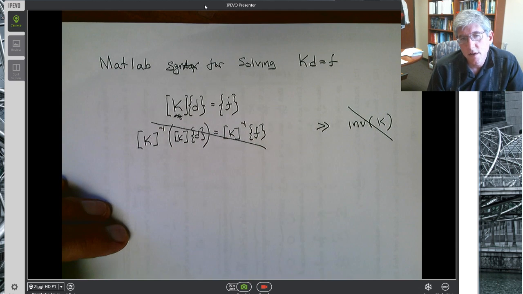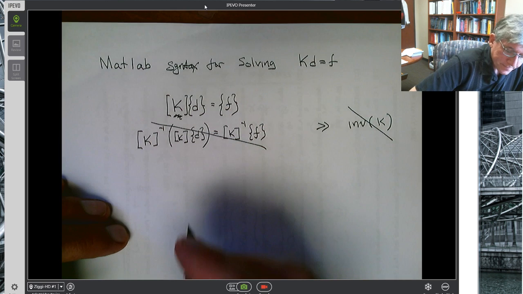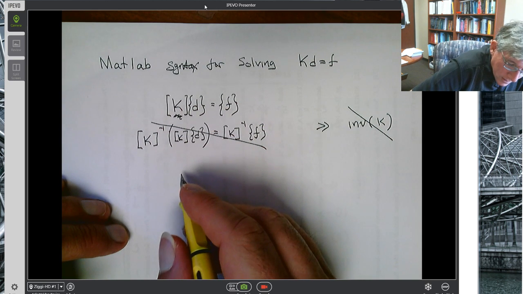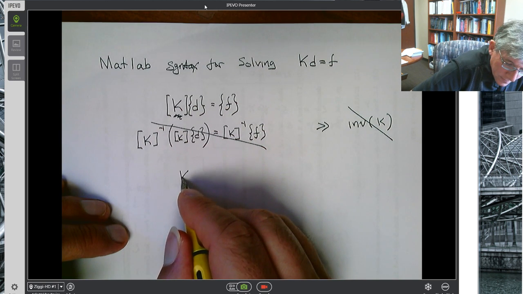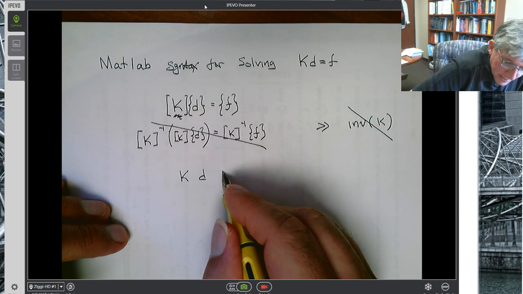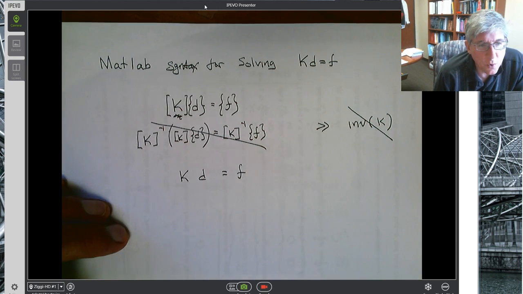You could solve for the inverse, call it K inverse or whatever, equals the inverse of K, and then multiply F by that, and you would have the solution. But instead, imagine K, D, and F are just quantities, right?